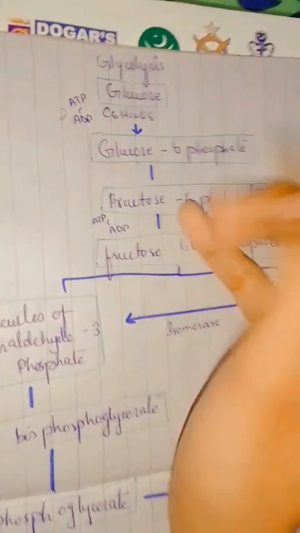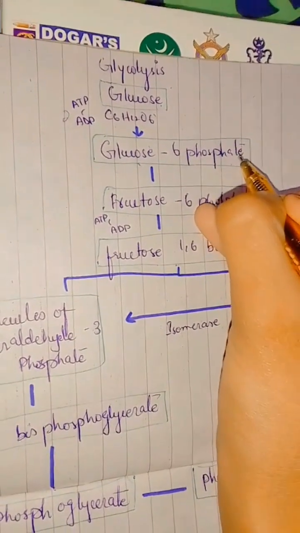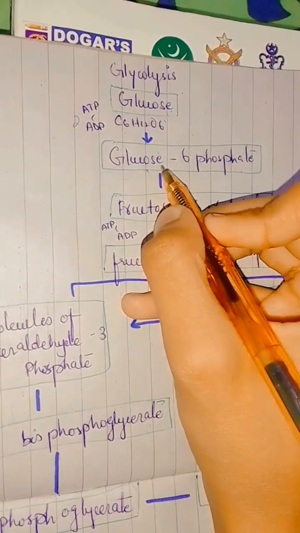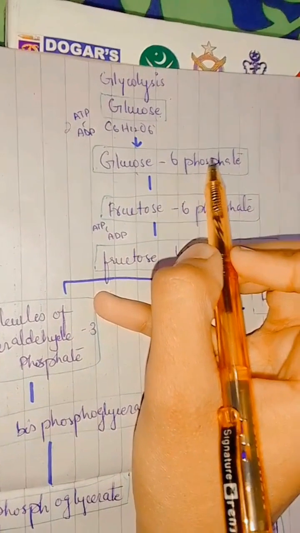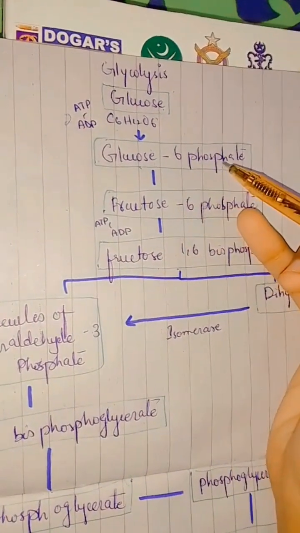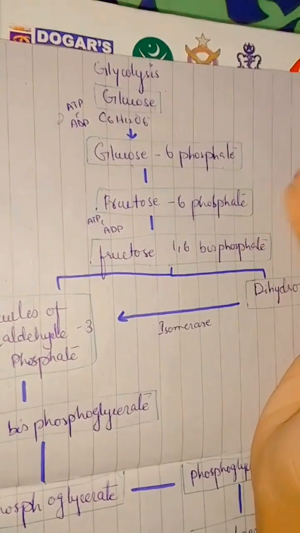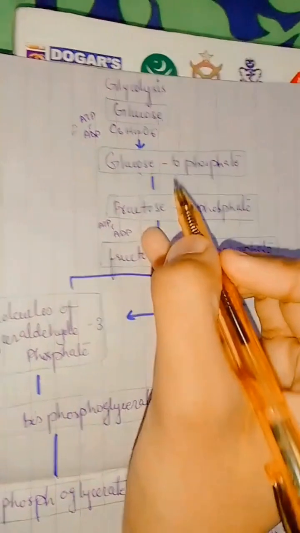In the second step, the phosphate group or the phosphoric acid is attached on the sixth carbon. So what is the change here? On the second step, the phosphoric acid is attached on the sixth carbon of the glucose.